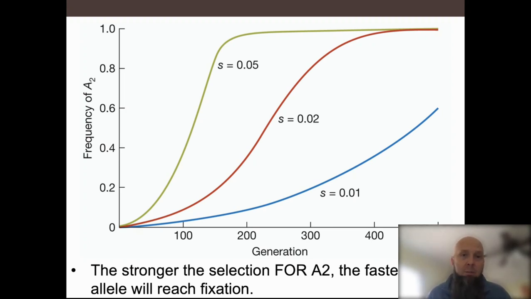If it's 5% better, then that's a lot better, and A1's going to be gone relatively soon, in fewer than 200 generations. Now, if A2 confers only a 2% advantage, you can see it takes over 400 generations. If it confers only a 1% advantage, it's really slow, hundreds and hundreds, perhaps thousands of generations before the A1 allele is gone and A2 reaches a frequency of 100%.